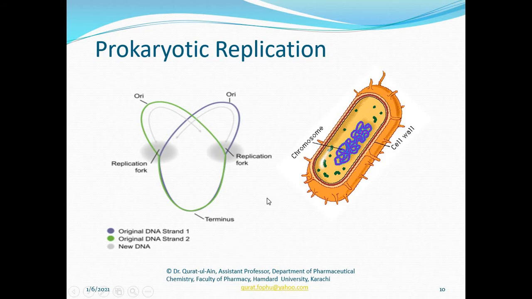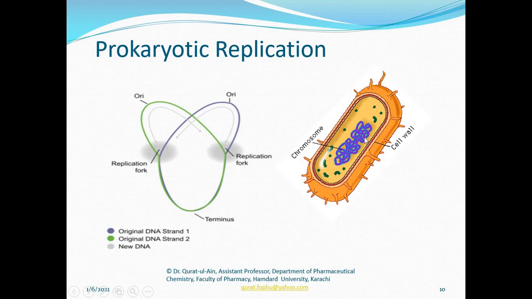So to understand prokaryotic replication, you have to first understand how much genetic material these prokaryotic microorganisms have. Here we are discussing the replication of a bacteria, that is E. coli.